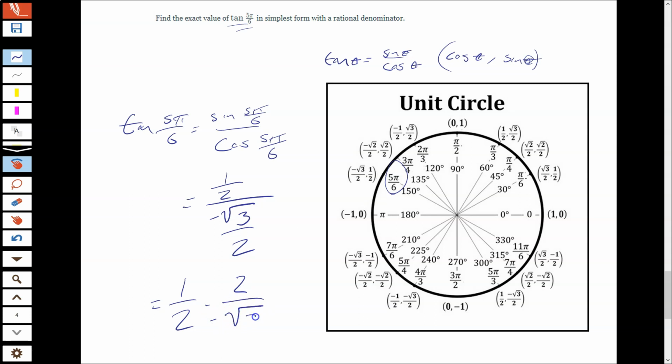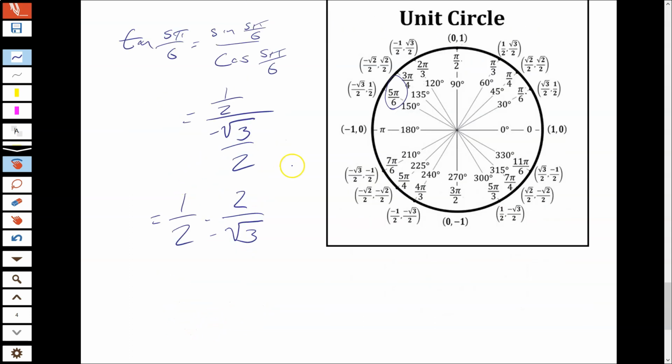And in this case, I have a 2 on top and bottom that's going to cancel out. And then I want to rationalize, so I'm going to multiply by root 3 top and bottom. That gets me root 3 over 3, and then we have a negative.